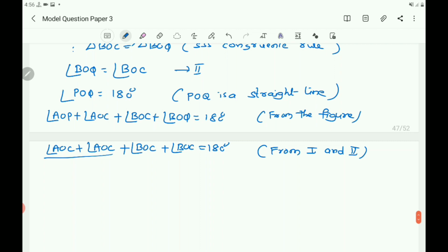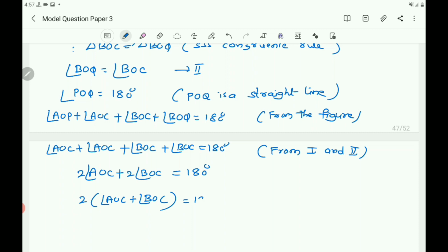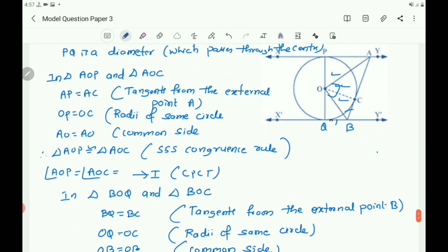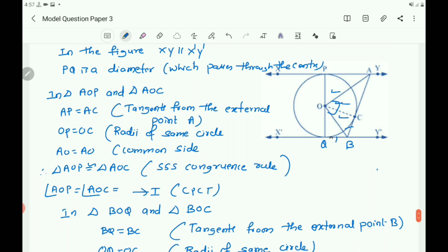Now you know that angle AOC plus angle AOC is 2 angle AOC plus 2 angle BOC, that equals 180 degrees. Now you remove 2 common. That is 2 into angle AOC plus angle BOC equals 180 degrees. So 2 ones are 2, 2 nineties are 180, and the sum of these two you will get angle AOC plus angle BOC equals 90 degrees.